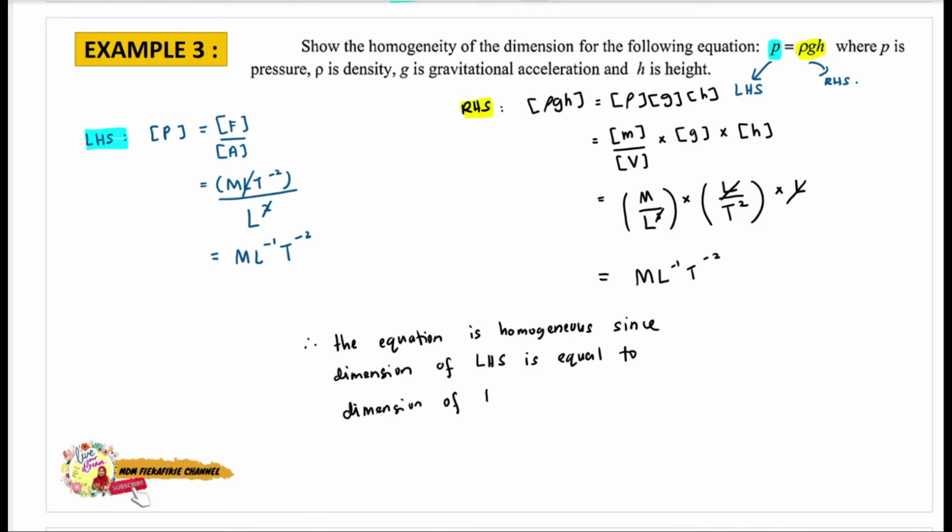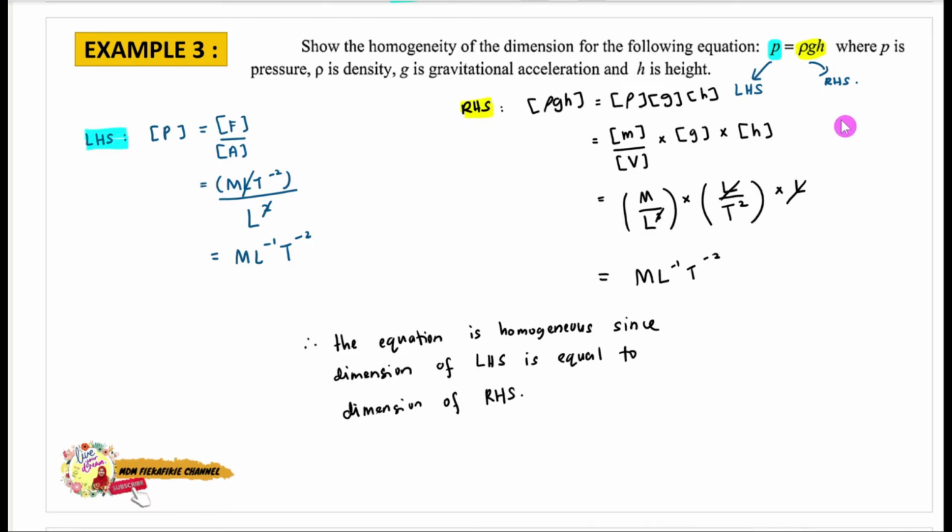So we have shown the homogeneity of the dimension. We have shown that this equation P equals rho GH is homogeneous, since the dimension of the right hand side is equal to the dimension of the left hand side. This one left equals right. Okay, so we finish example number 3. Make sure you know how to determine the homogeneity of an equation.